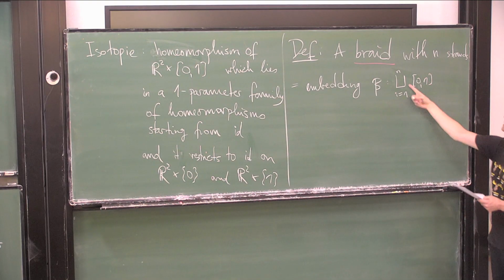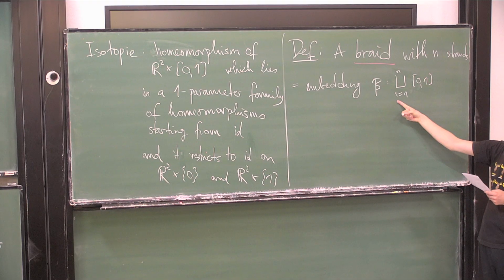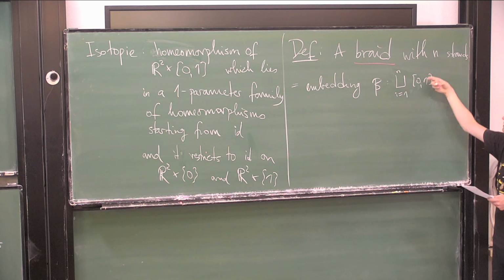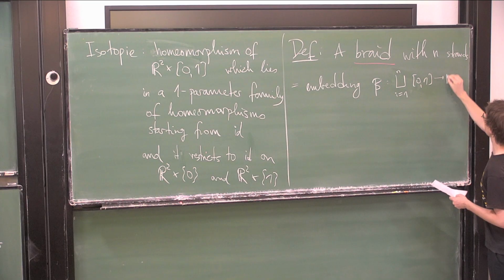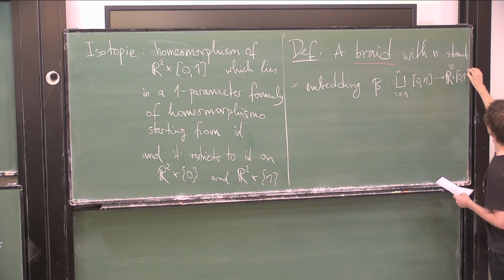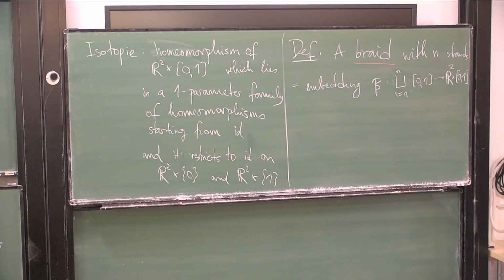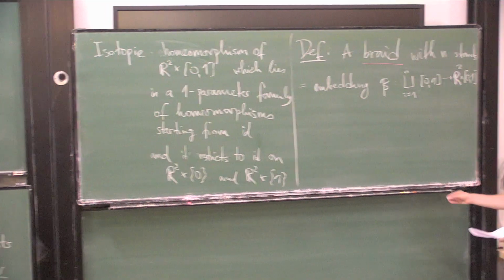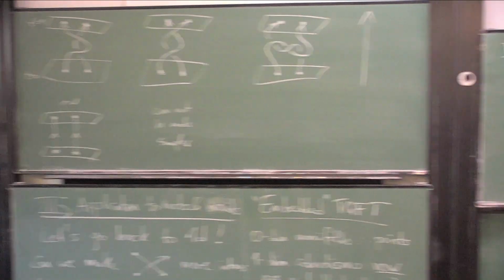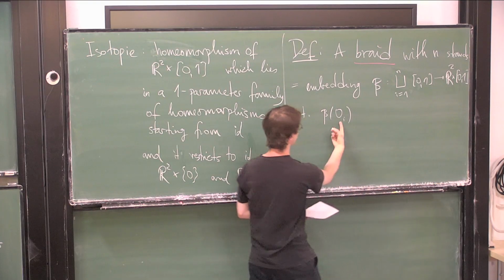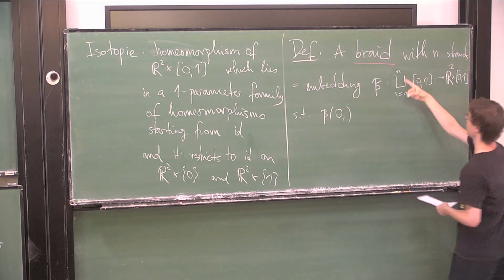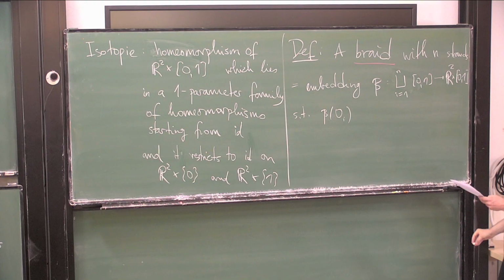It's a bit strange because this set does not have an index i, but it's really literally just n copies of this interval, and you go into R^2 cross [0,1]. And you fix the endpoints such that beta of (0, i) is literally just the 0 in the ith interval.